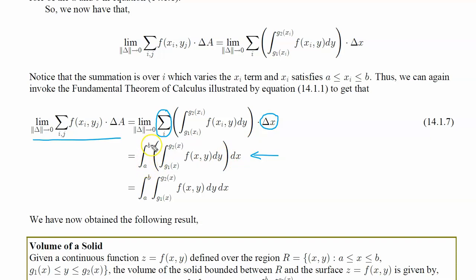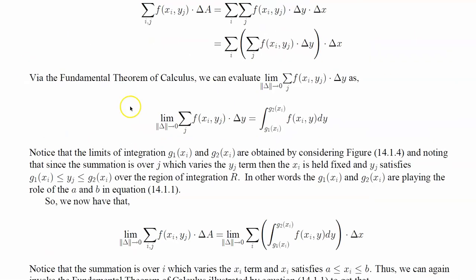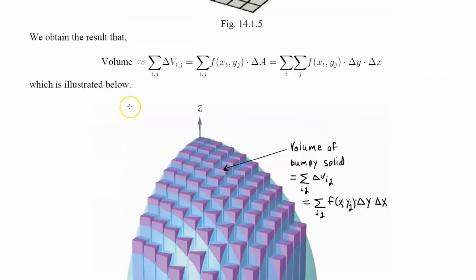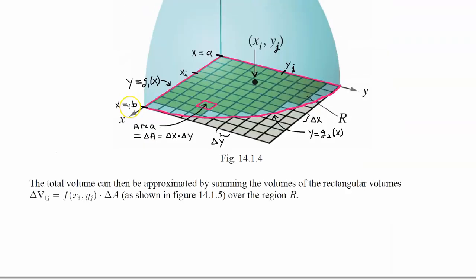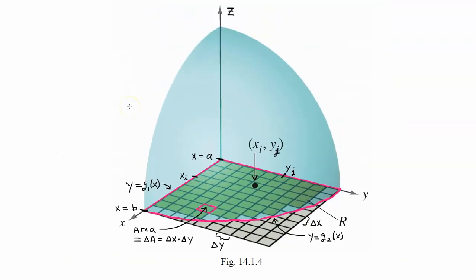Okay, why is that? Why does it go from a to b? Well, let's go back to that picture that we had up here previously. Initially we held the x sub i fixed, and the y varied from g1 of x sub i up to g2 of x sub i.